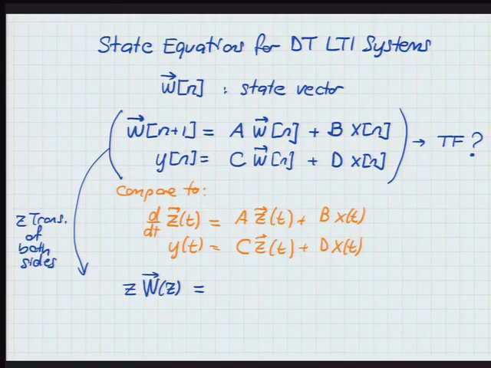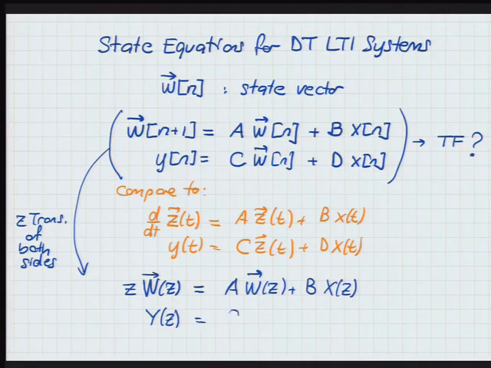All right, so what's on the right-hand side? By the linearity of z transforms, this is just A times W of z plus B times X of z. And Y of z is, again by linearity, C times W of z plus D times X of z.